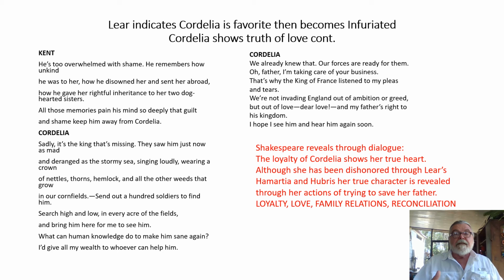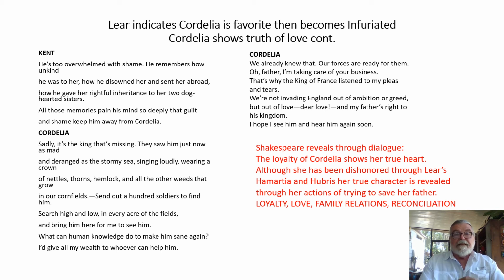Next, Cordelia talks about invading, that she's invading out of love, not ambition or greed. So with these quotes, this dialogue, Shakespeare reveals the loyalty of Cordelia and shows her true heart. Although she has been dishonored through Lear's hamartia and hubris, her true character was revealed through her actions of trying to save her father.